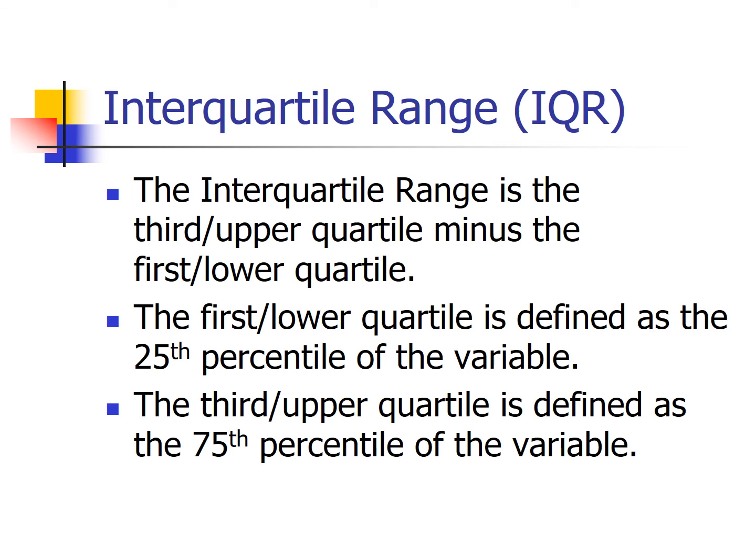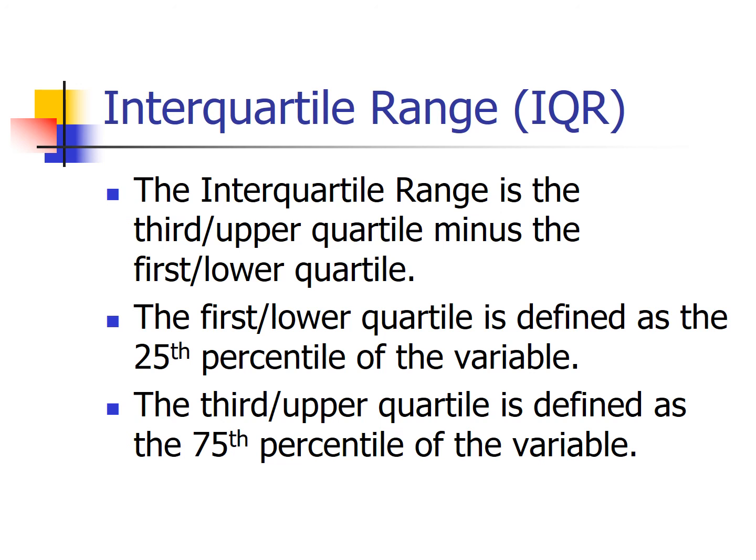And here it is. Lo and behold, the interquartile range. The interquartile range is the third quartile minus the first quartile. Sometimes the third quartile is called the upper quartile. Sometimes the first quartile is called the lower quartile.